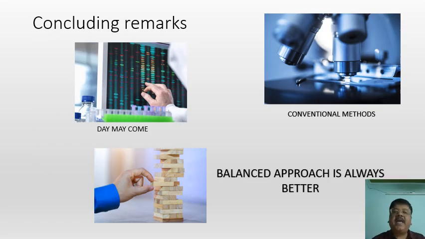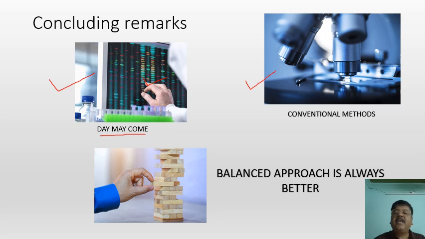Now, the last slide, that is the concluding remarks. The day may come when the microbiologist will just sit in a chamber and report. So many standardized tests may come in future. We will just see the computer screen or mobile screen and give the report. It is quite possible. However, we should not forget the conventional methods.